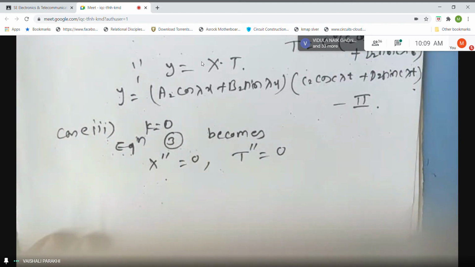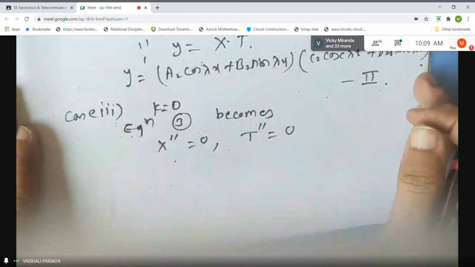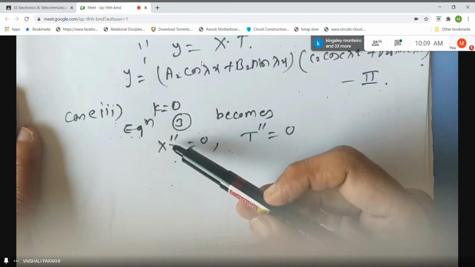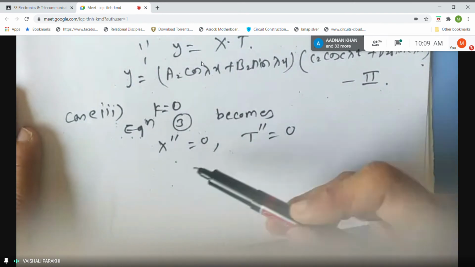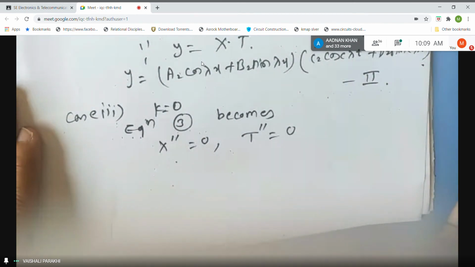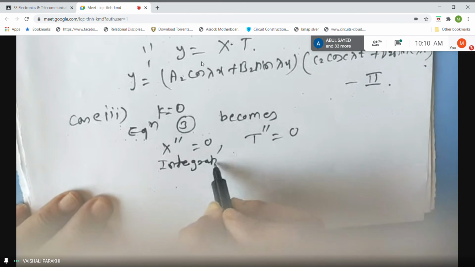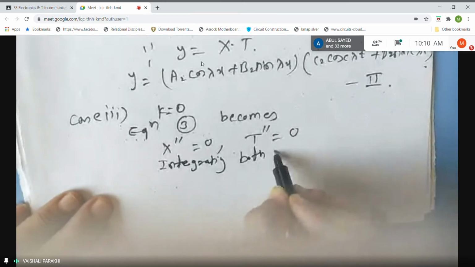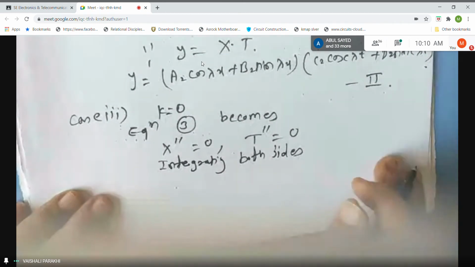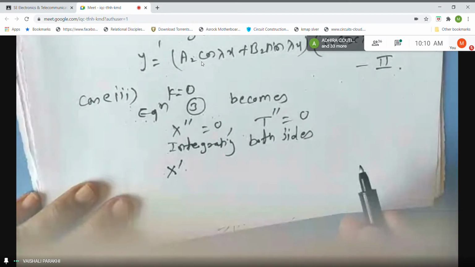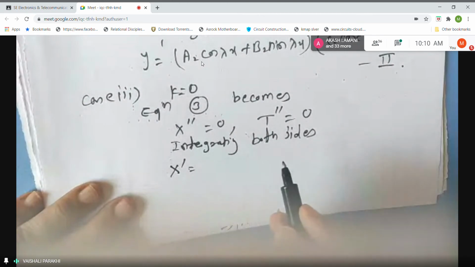Okay. Now can you tell me what will be x and what will be t here? Anybody? Suppose I want x dash. I have to integrate both sides, students. Correct or no? So when I integrate both sides, what will I get? The integral of x double dash will be x dash, and there will be some constant on the right hand side.